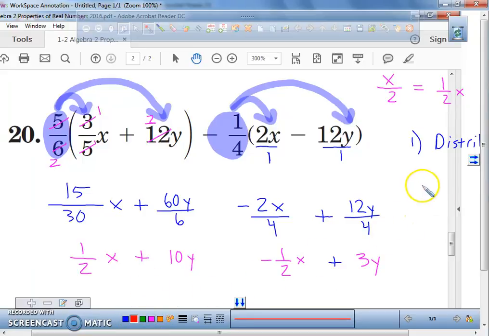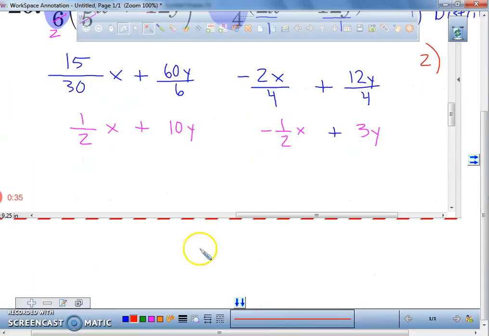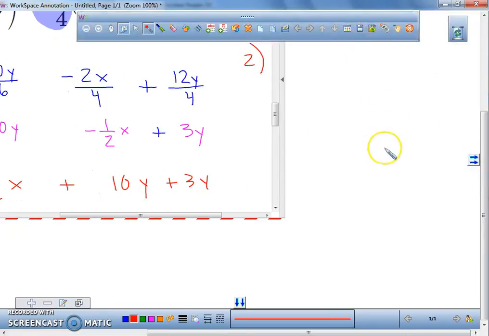Now, the next thing I'm going to do, I want you to tell me what I did. Here we go. Ready? I moved some things, didn't I? I moved numbers around. By the way, whenever you're moving numbers around, you are commuting them.